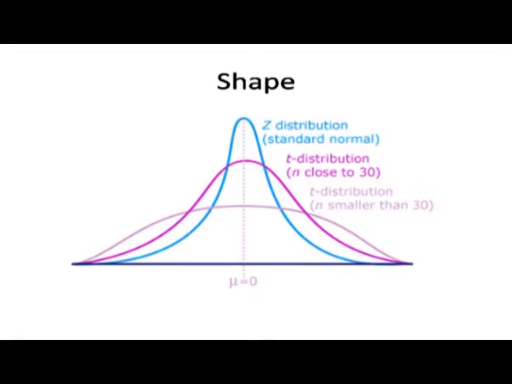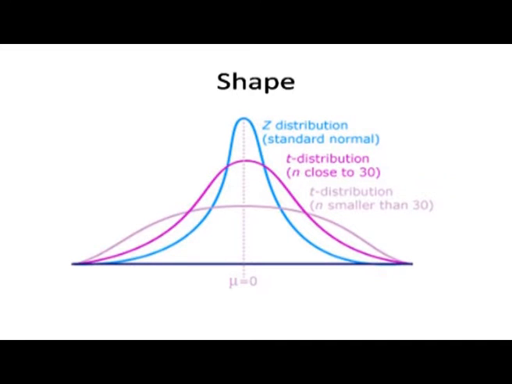So, you see that when n is close to 30, this probability density function of t is moving towards the normal distribution. It is also platykurtic as compared to this normal distribution, but as n increases, the t distribution becomes as peaked as a normal distribution, which also means that its spread or variance starts decreasing.